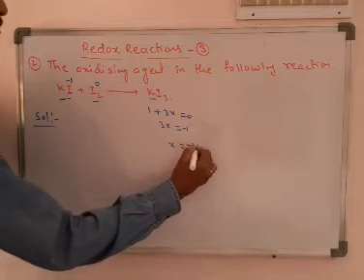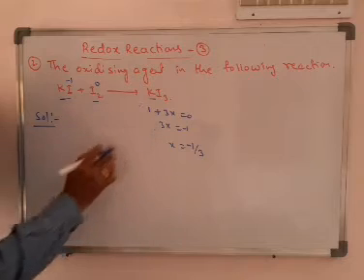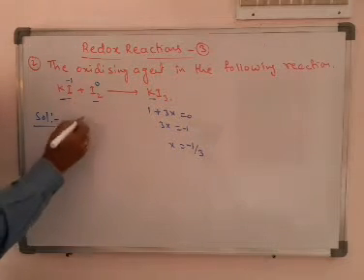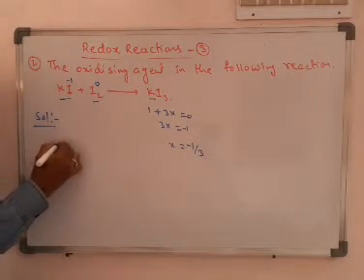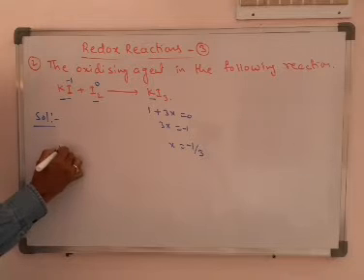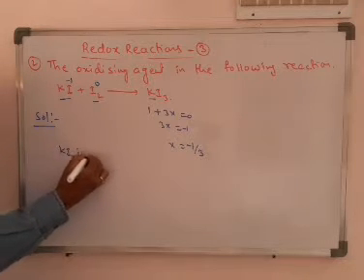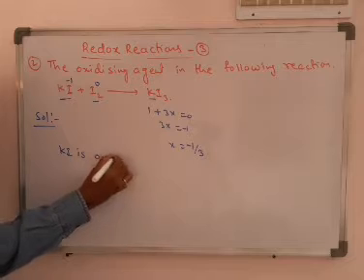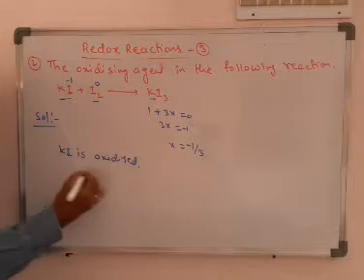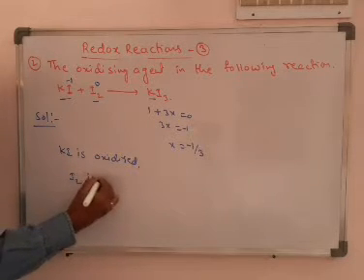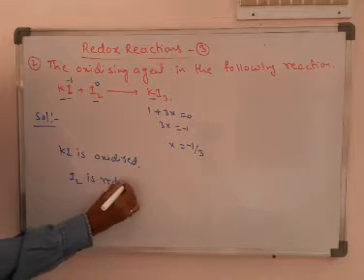The oxidation number of each iodine in this is -1/3. Comparing these values, we can say potassium iodide is oxidized and I2 is reduced.